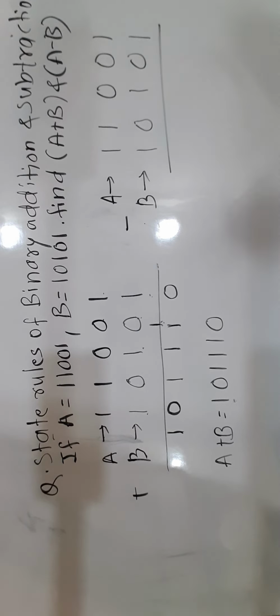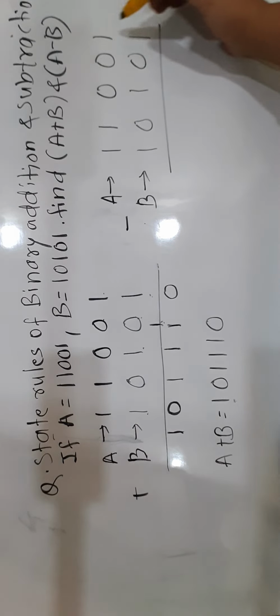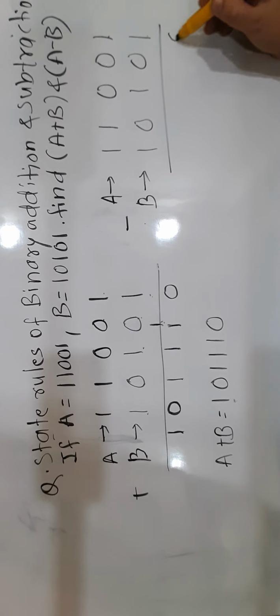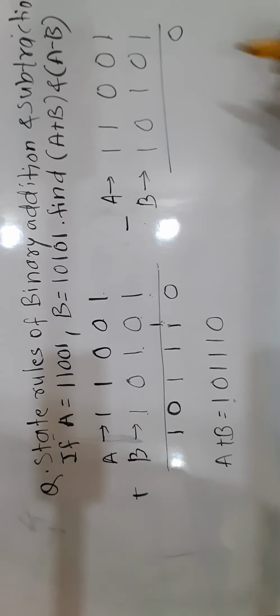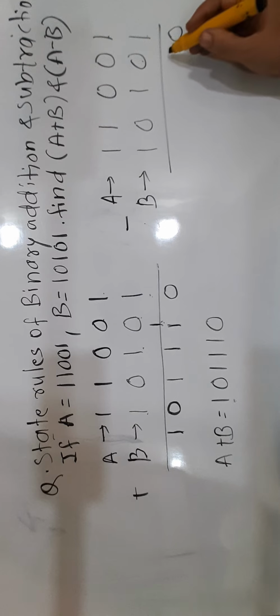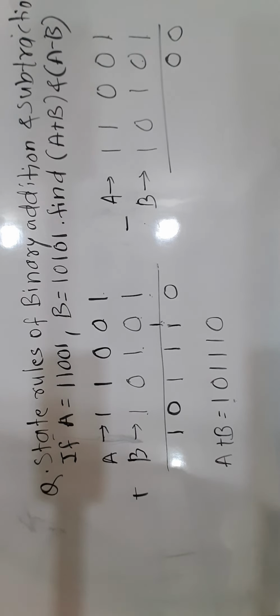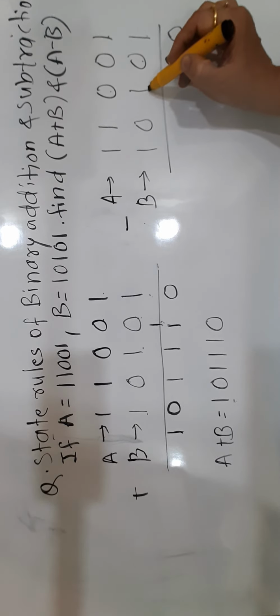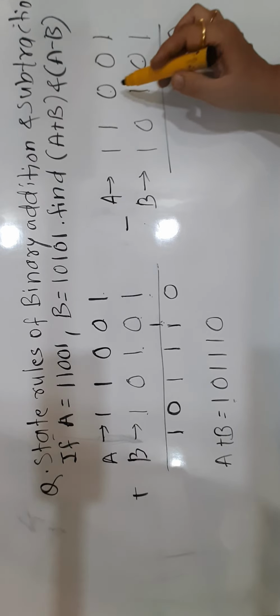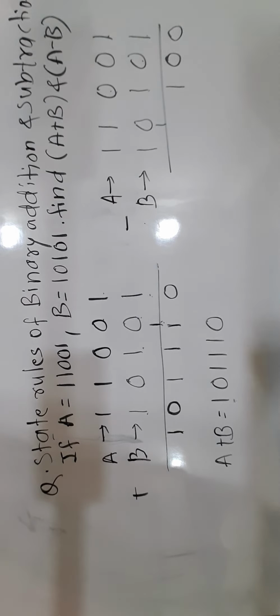Now let's perform the subtraction. 1 minus 1 is 0, no borrow. 0 minus 0 is 0, no borrow. 0 minus 1: here we are subtracting 1 from 0, so the difference will be 1 and there will be a borrow.